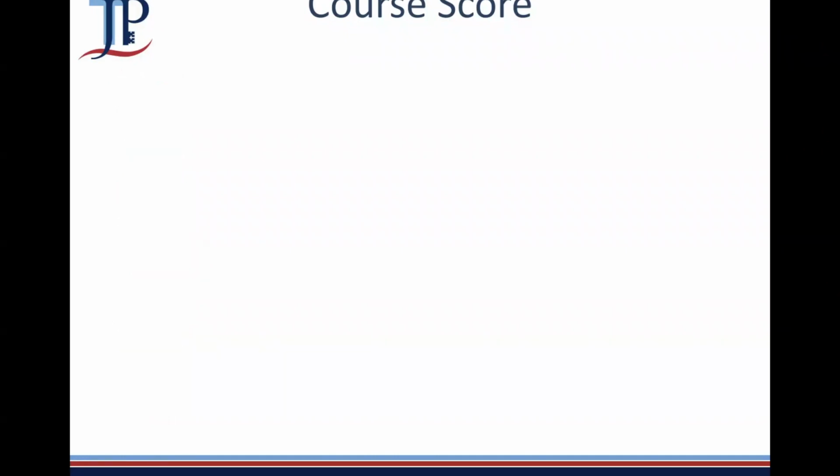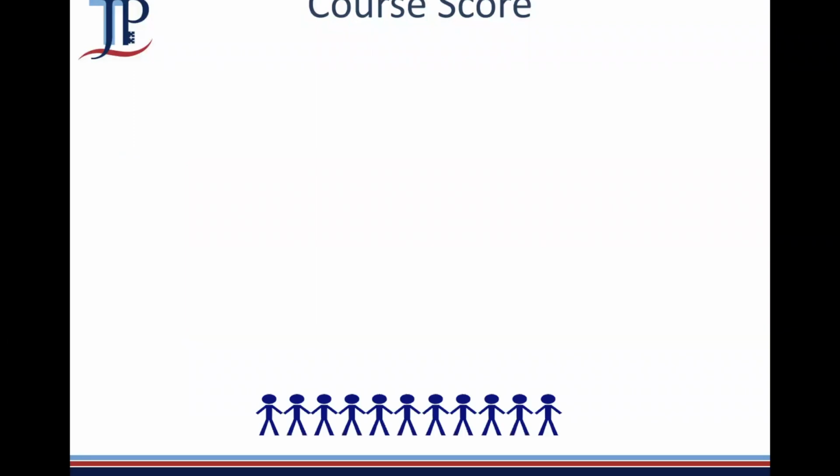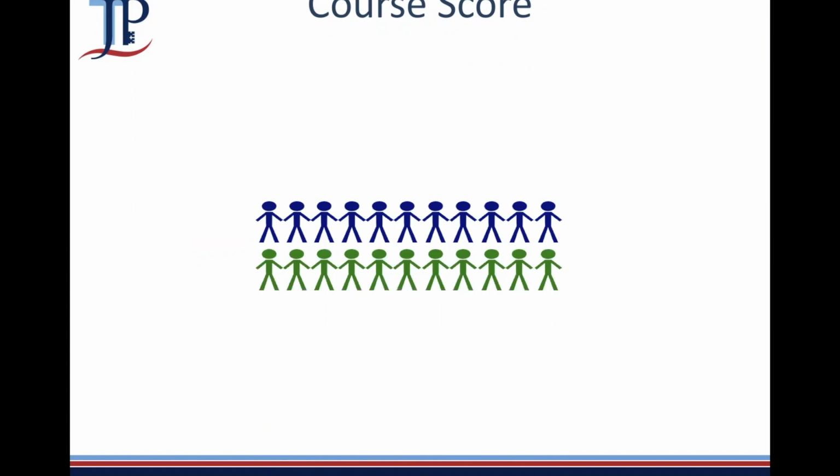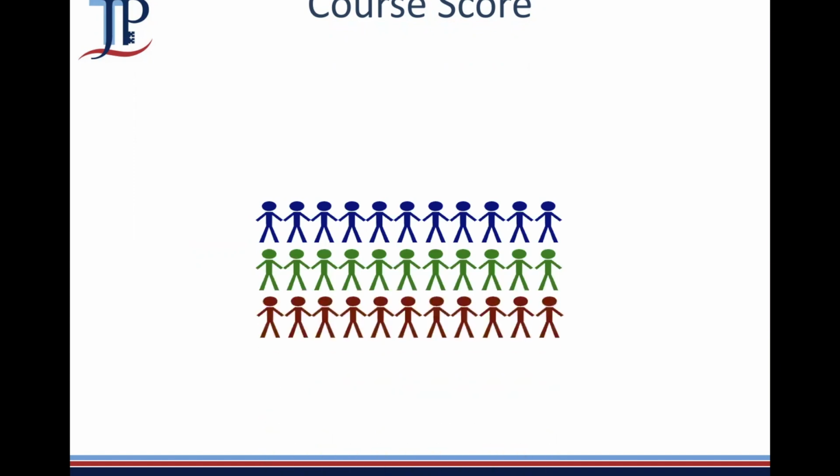So basically you've already made your choices and you've picked subjects, and you might be in the blue, the green, or the red subject group. And each of those subject groups has got a middle. And the reality is that not all groups are equal.